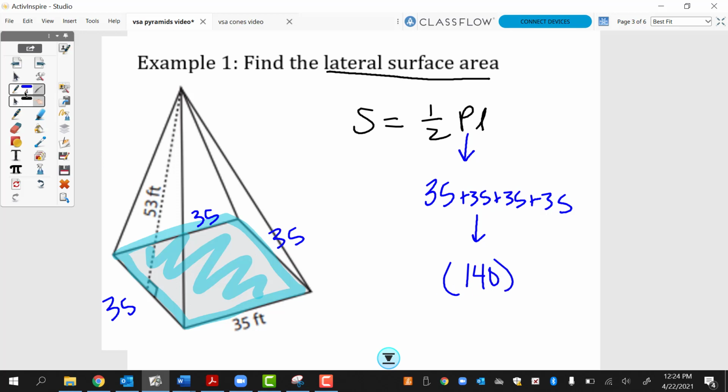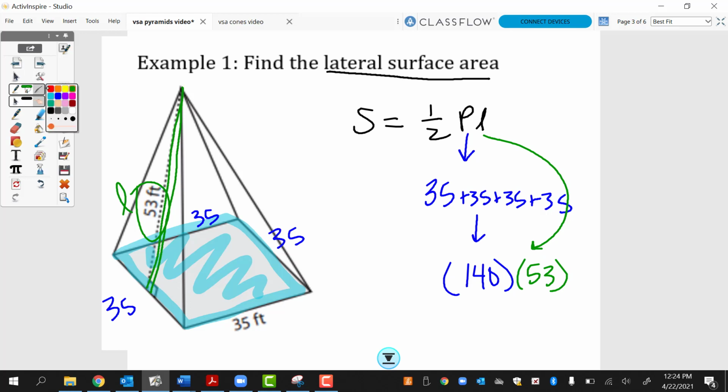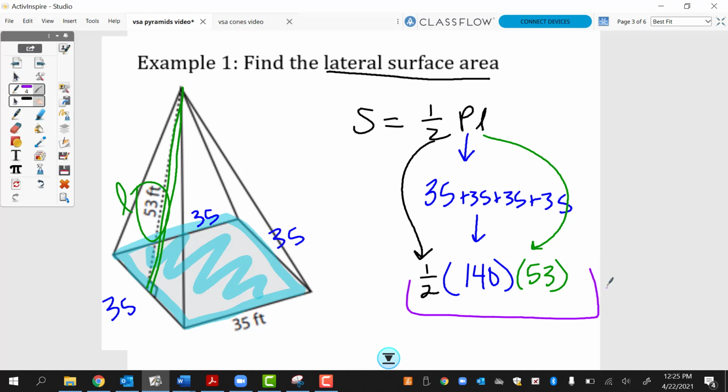Great. My L, my slant height, is right here, this dotted line from the top to the middle of this side. That's going to be 53. So I'm going to plug that in for L, 53. And we know that 1/2 is just in the formula, so I'm just dropping that down into the front. Then we just got to type it in Desmos.